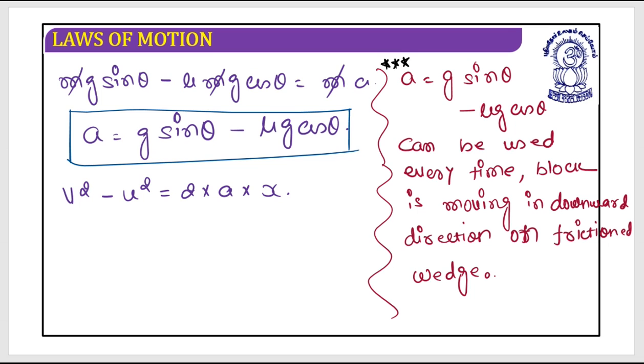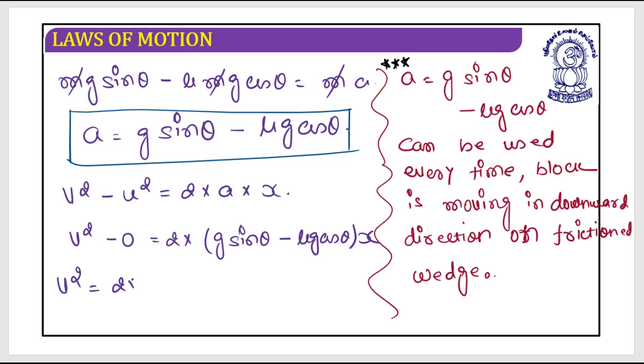The final velocity is the requirement. Initial velocity is 0, so v square equals 2 multiplied by acceleration, which is g sin theta minus mu g cos theta, multiplied by x.